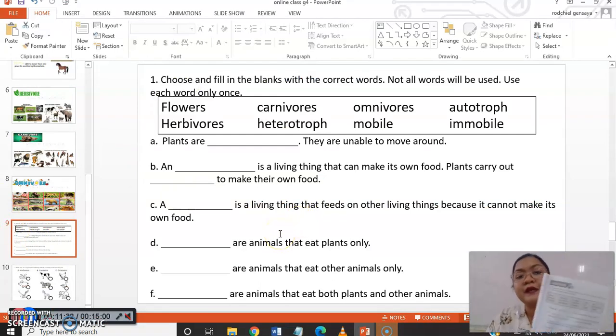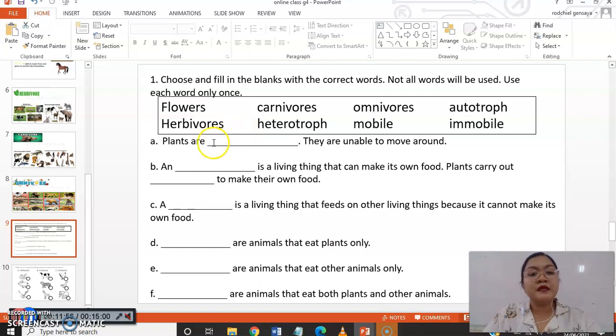On activity number 1, you're going to answer letters A, B, C, D, E, and F. H, I, J, you're not gonna answer. You're going to choose and fill in the blanks with the correct words.